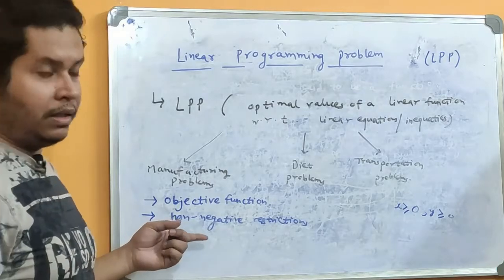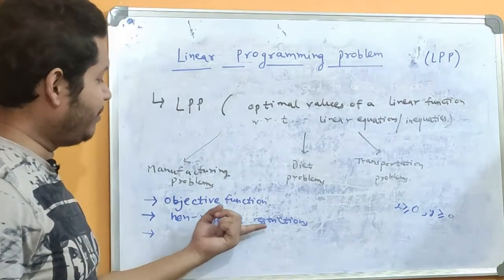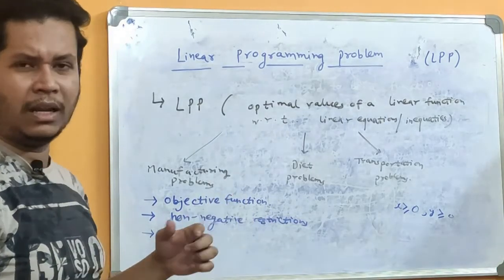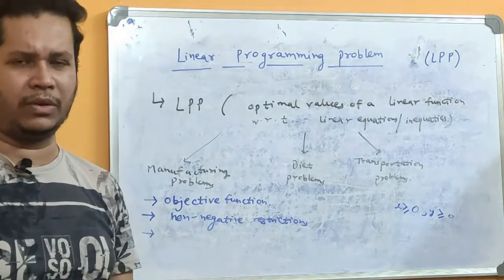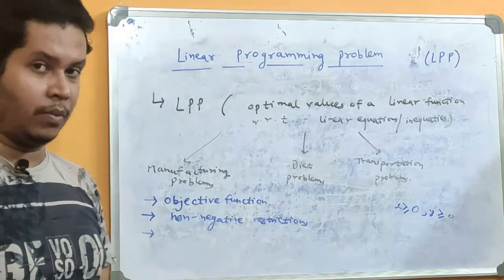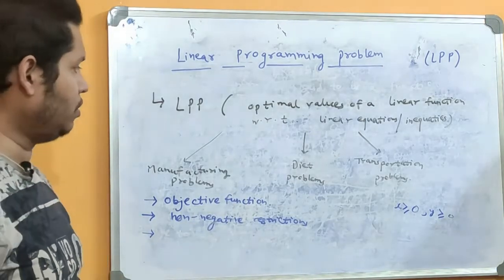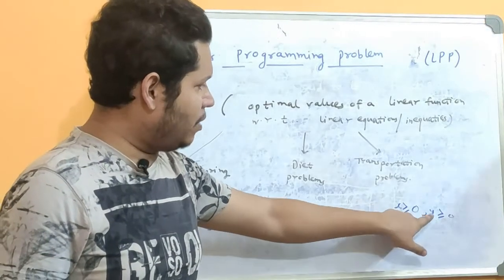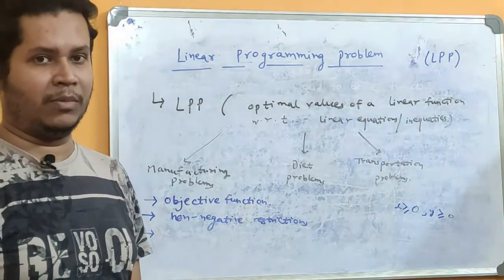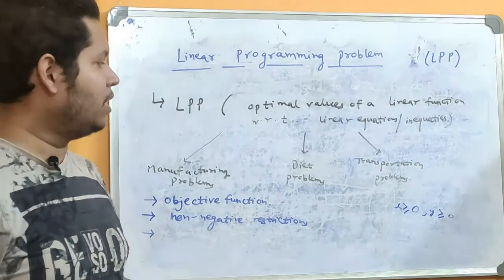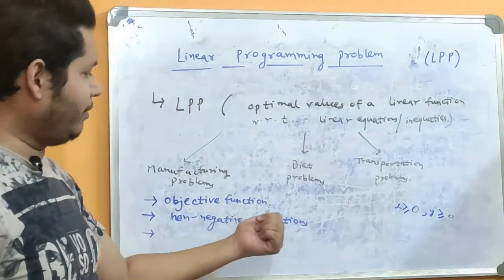The next thing is called non-negative restrictions. Like in the last example, X was the number of units we were buying for software 1 and Y was that for software 2. Obviously X and Y should be greater than or equal to 0, because we are not buying a negative number of units of a particular software, right? So these are called non-negative restrictions.